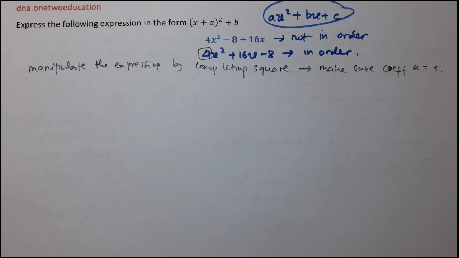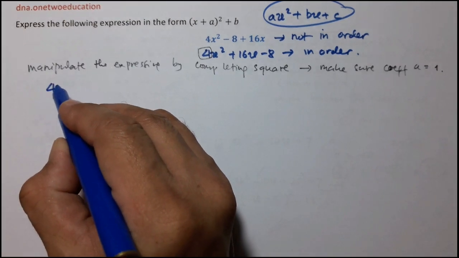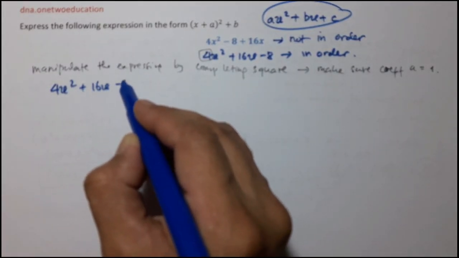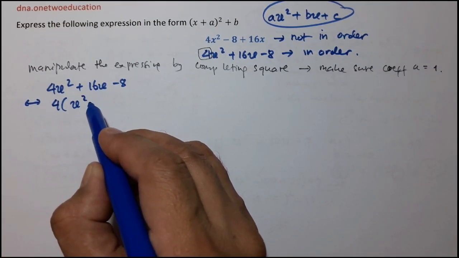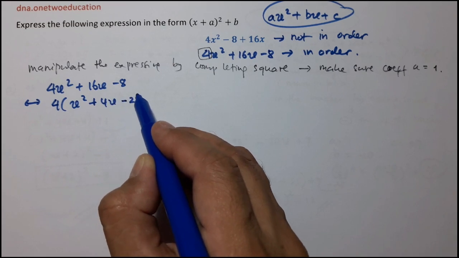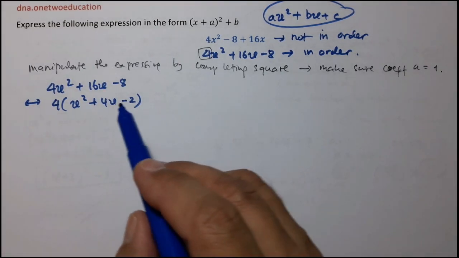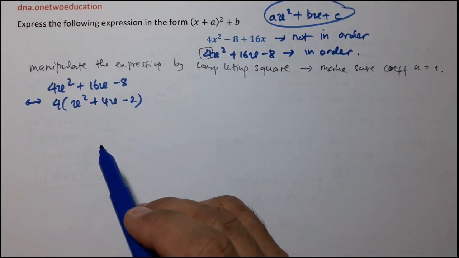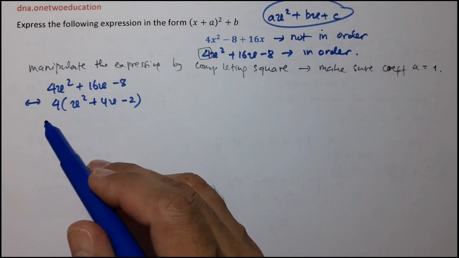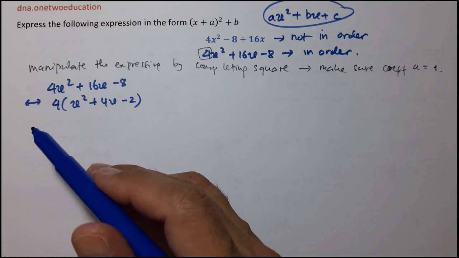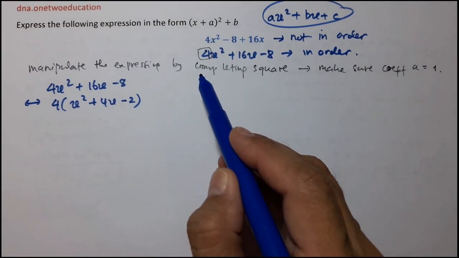The manipulation of this expression is by using the distribution. So 4x² + 16x - 8 is equal to 4, open the bracket, x² + 4x - 2. Correct? So when you find the coefficient of x squared is 1, that is the starting point of the manipulation by completing the square.